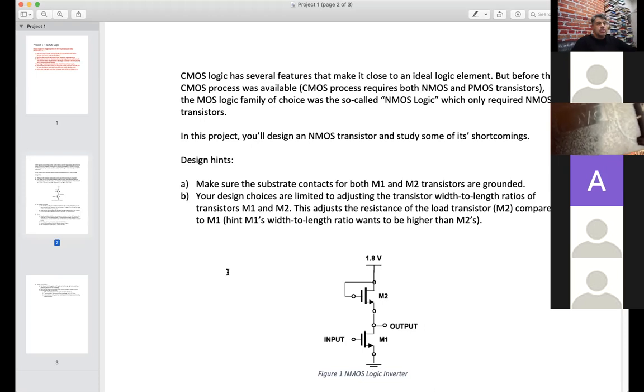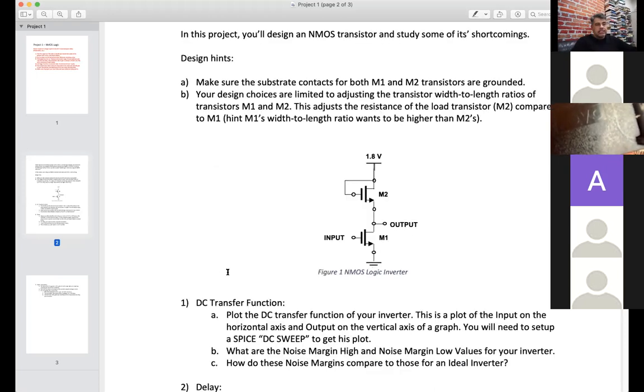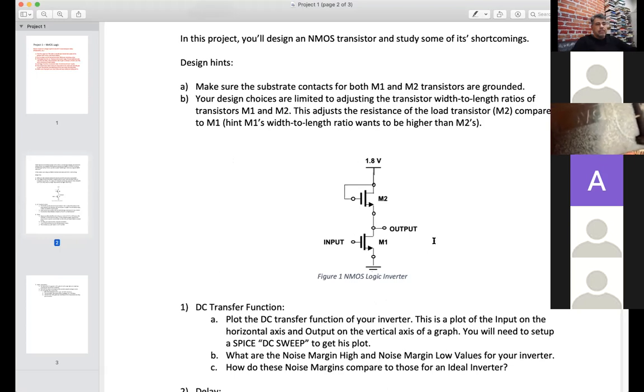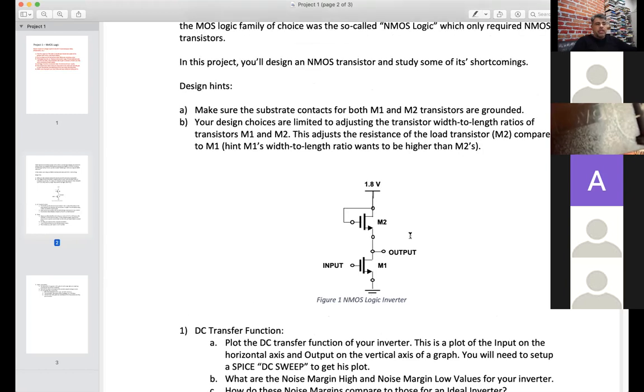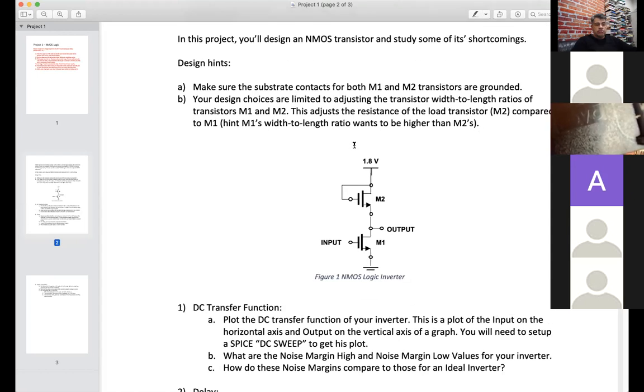This is like a warm-up project, and the idea is to look at a logic family that is not a CMOS logic family. It's an NMOS logic family, which was a precursor to the CMOS logic family. Now, why am I asking you to play with this old logic family?